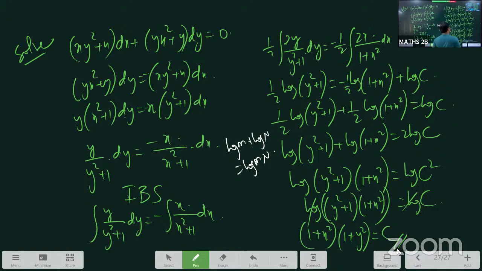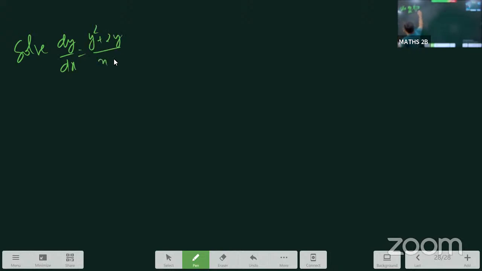Okay, next one. Solve dy by dx equal to (y² + 2y) by (x - 1). Same. Variables are separated directly here.